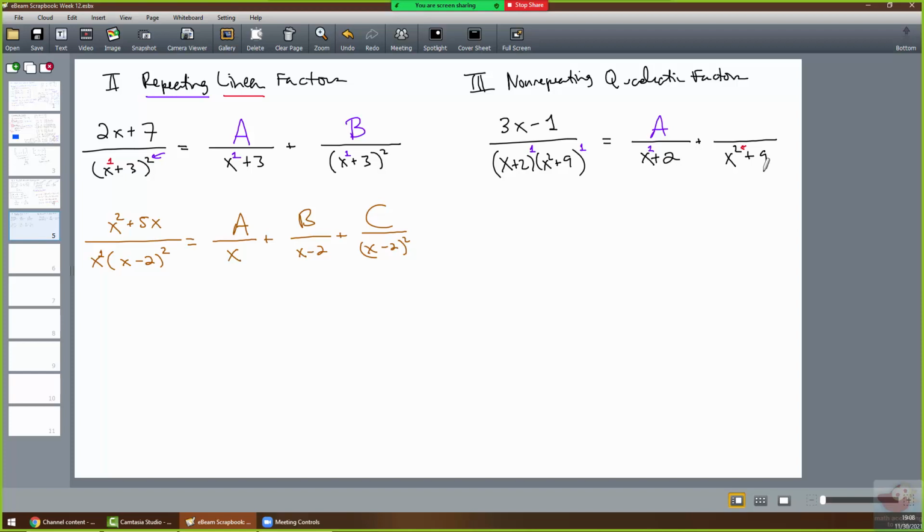So that means the second numerator is linear. So we write bx plus c.